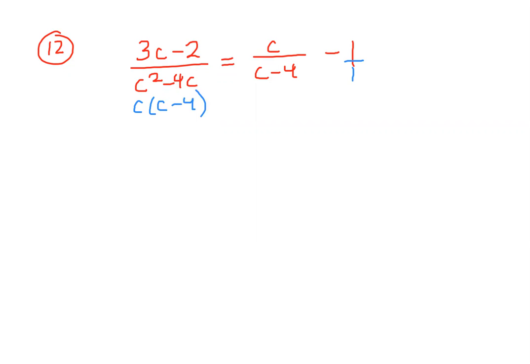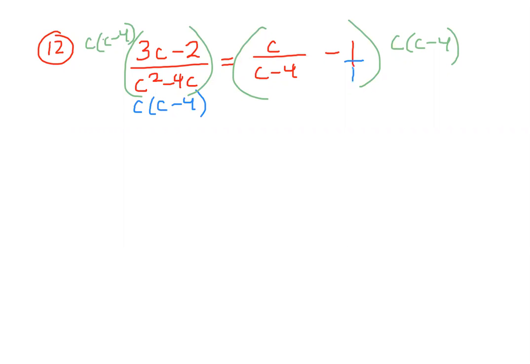So that's going to be our common denominator, c times c minus 4. So we're going to multiply this side by c times c minus 4, and this side times c minus 4. We can write it like that, or we can write it as c squared minus 4c, whichever makes most sense to you.